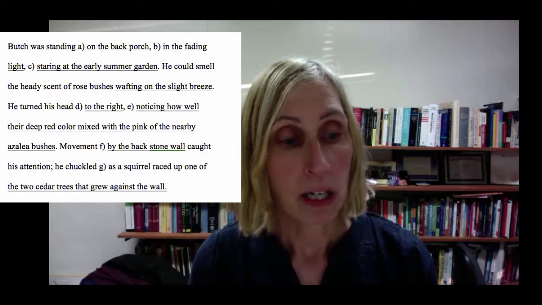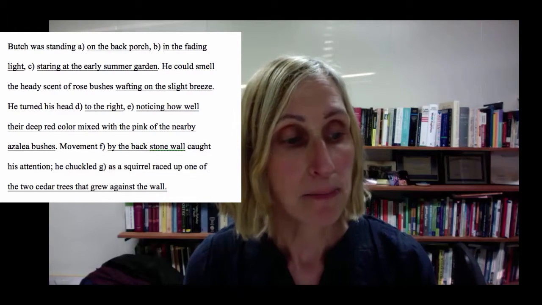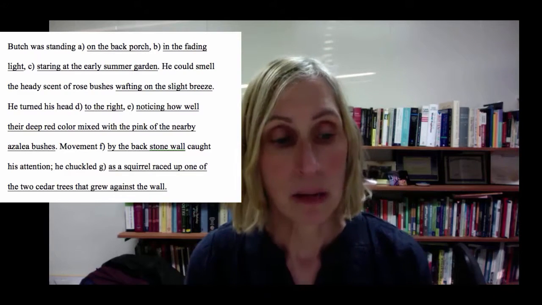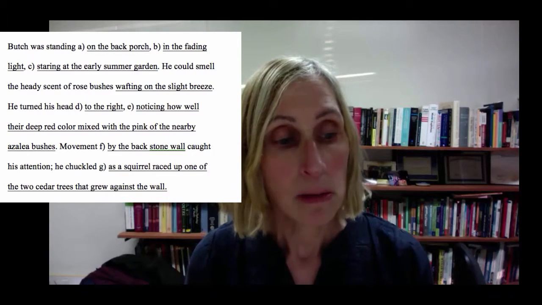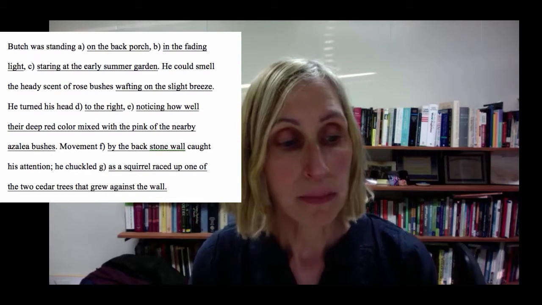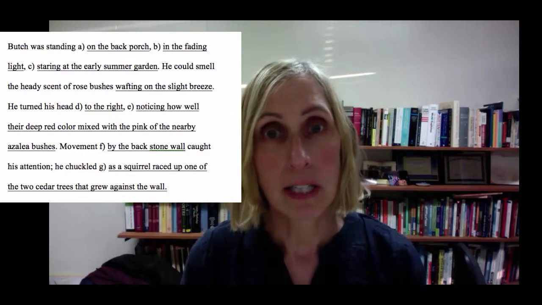So those are both working adverbially. They are prepositional phrases. And then we end the sentence with staring at the early summer garden. And normally, or let's say frequently, we would see that at the beginning of the sentence. So it would be staring at the early summer garden, and then clearly you can see that that is modifying Butch.